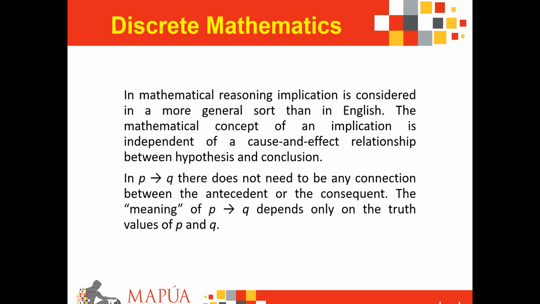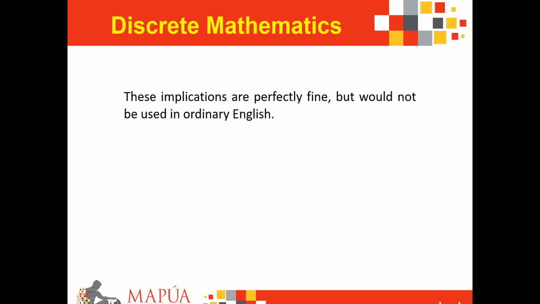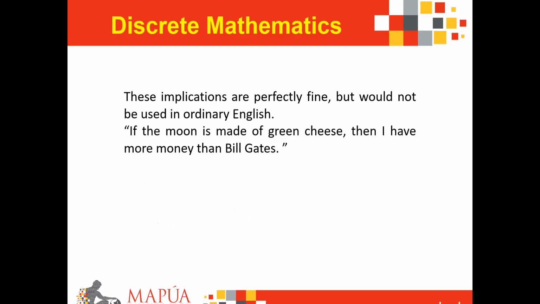Hence, in the implication P implies Q, there's no need for any connection between the antecedent and the consequent, meaning the truth value depends only on the values of P and Q. Therefore, it's perfectly fine if you end up with the following implications in discrete mathematics.